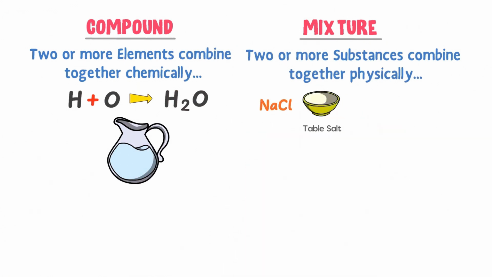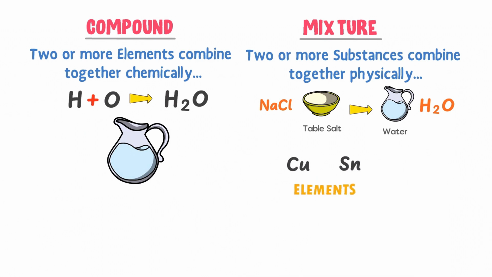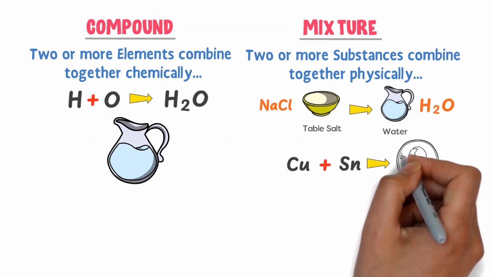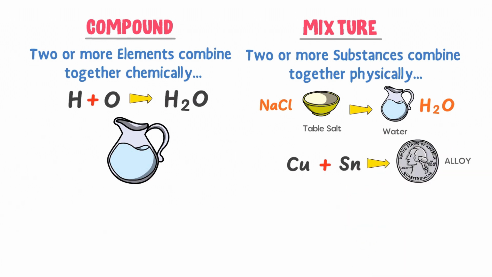For example, table salt and water. If you combine them, you get a solution. Copper and tin can also combine together to give an alloy.